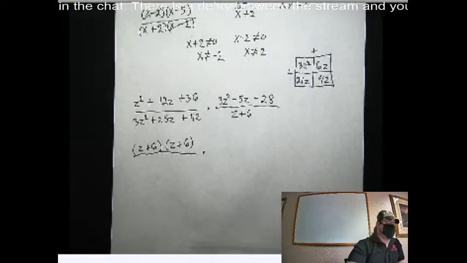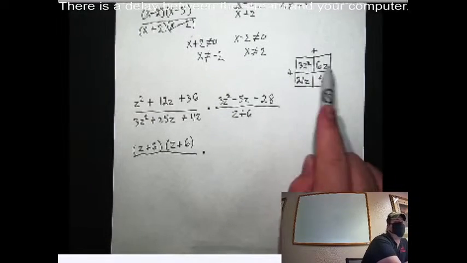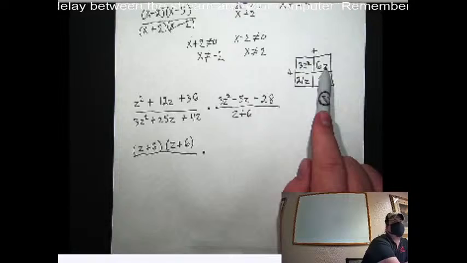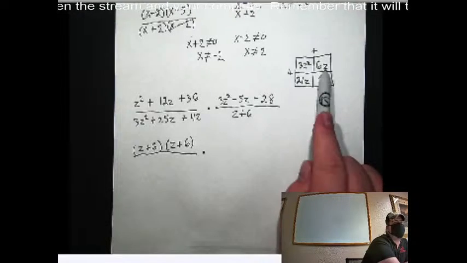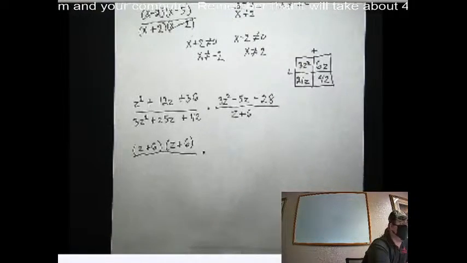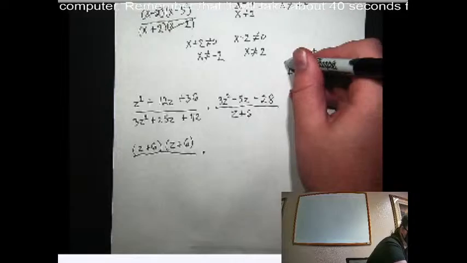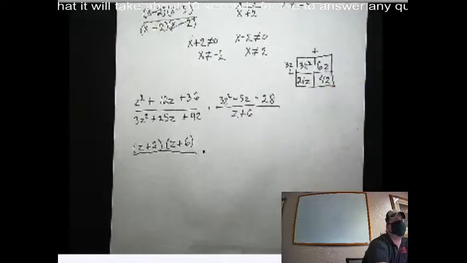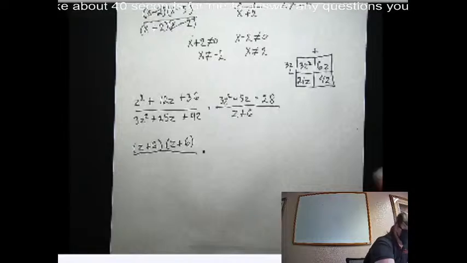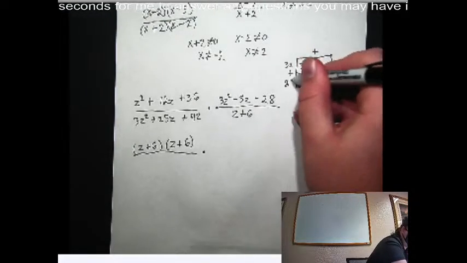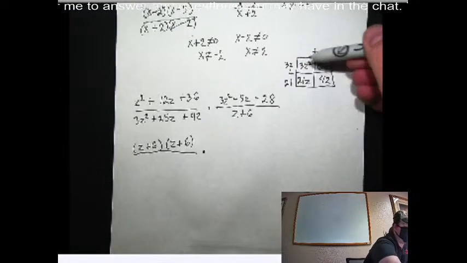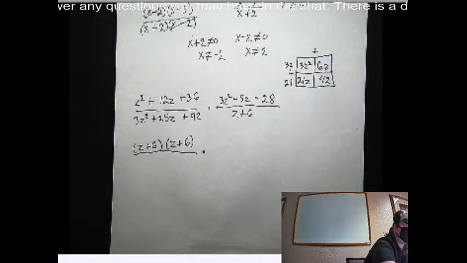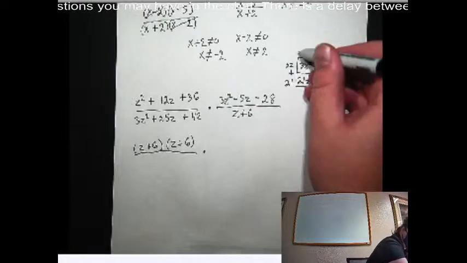So let's go ahead and factor this thing. First row, 3z squared and 6z. What do they both have in common? Something we can divide them both by. 3 and z, good. Second row, 21, yeah, they actually have an entire 21 in common. Okay, first column, good.